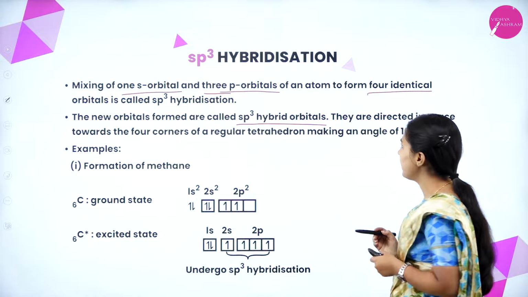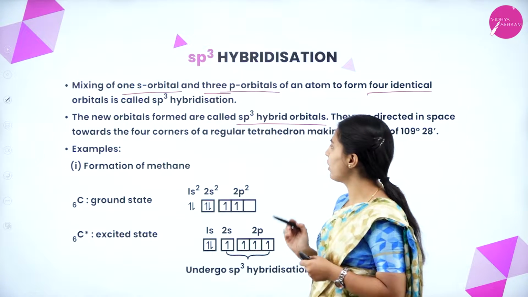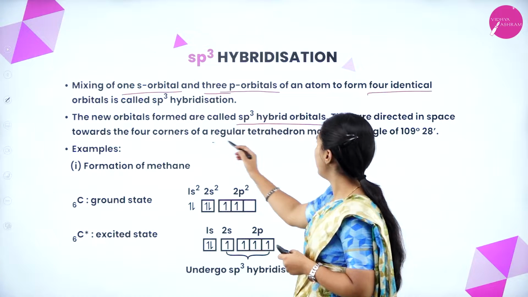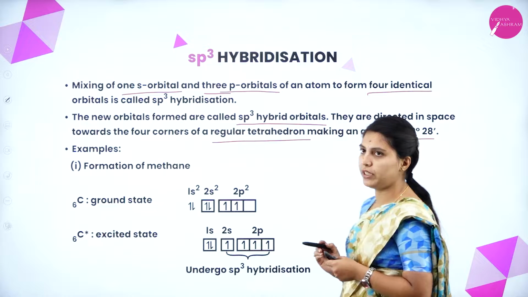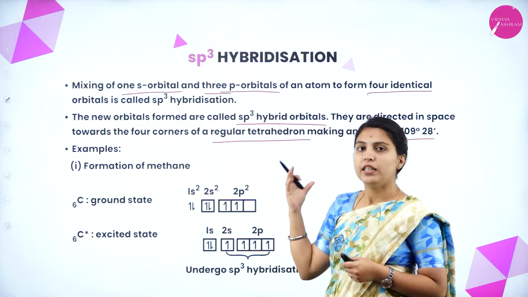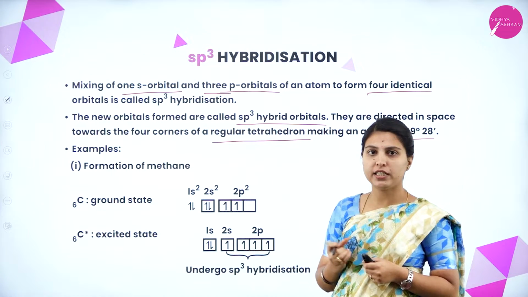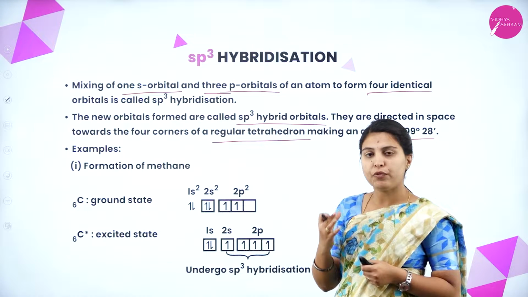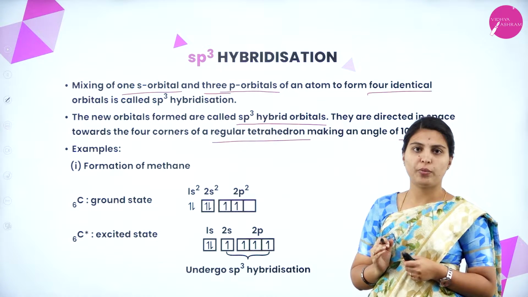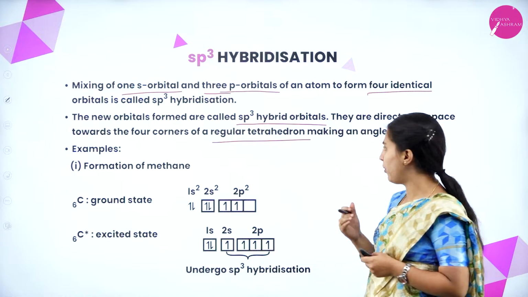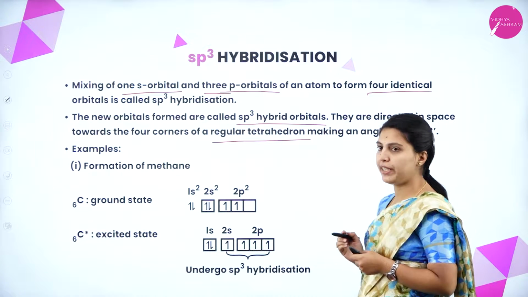They are directed in space towards the four corners of a regular tetrahedron, making an angle of 109 degrees 28 minutes. After these four new hybrid orbitals form, they take a geometry called regular tetrahedral geometry. It has a bond angle of 109 degrees 28 minutes.